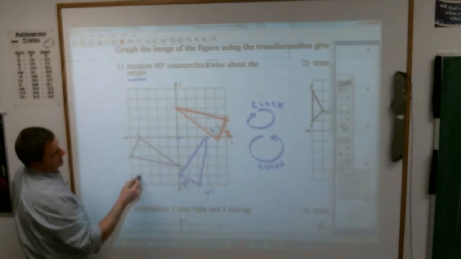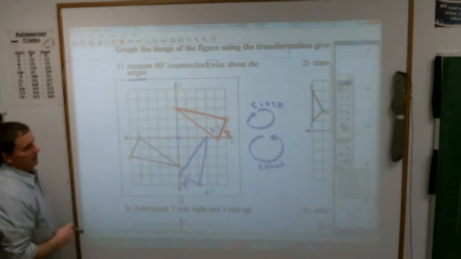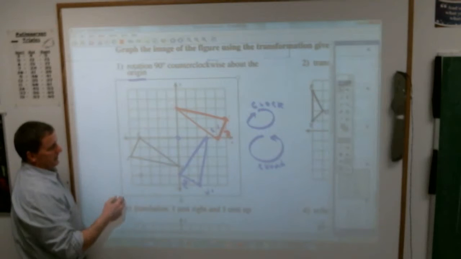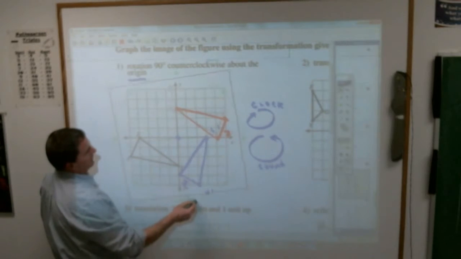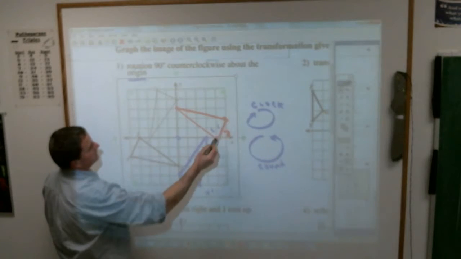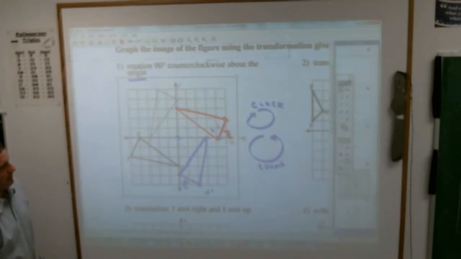It's not quite the exact same side. And what would be the next rotation there? 270 degrees. If I did that, it would end up being right there. Kind of a nice little pattern when you do it all.